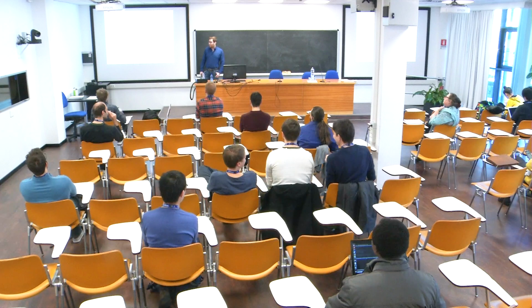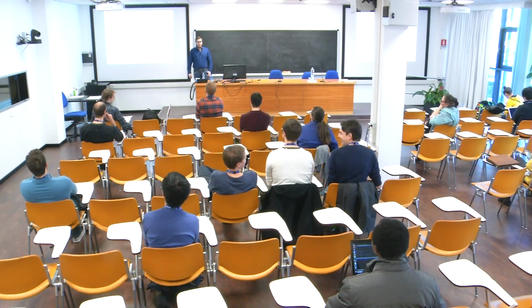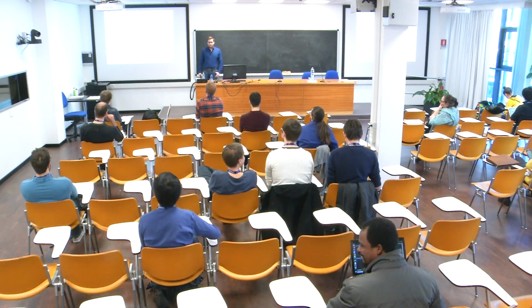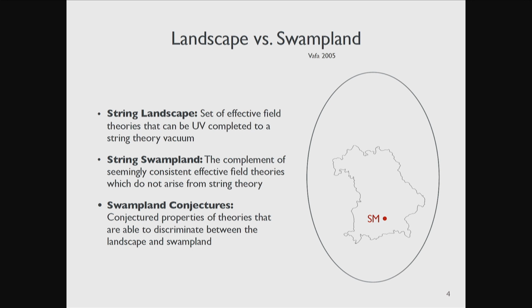In the past, let's say 10 to 20 years, people have increasingly realized that there are some properties that we expect from string theory to arise generically, and these are known as the Swampland conjectures, which are conjectured properties of theories that arise from string theory. These constraints really are what defines this boundary, and so it's interesting to figure these constraints out and scrutinize the evidence for them, and many things have been done.